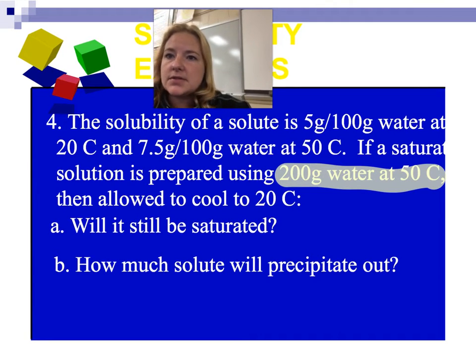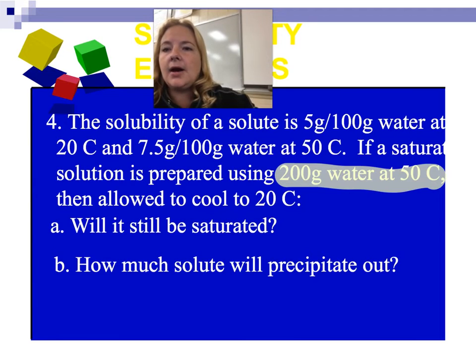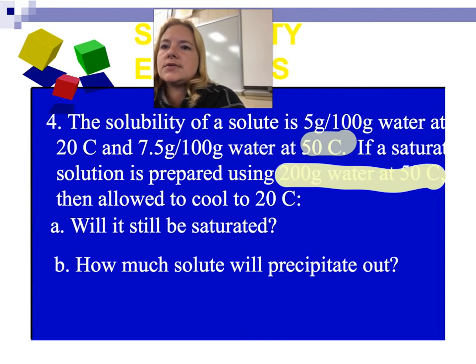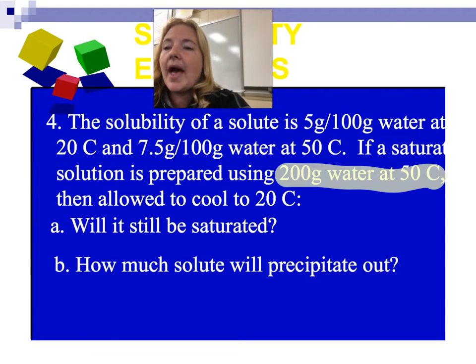So the problem with this question is that we first need to figure out, well, how many grams are going to go in if I'm doing 200 grams of water at 50 degrees Celsius. So there's two parts to this. I first need to use this piece of information here and set that equal to x over 200 grams and solve for x.